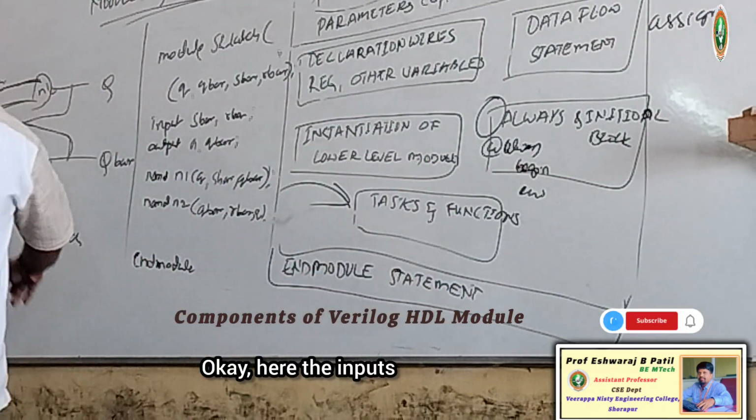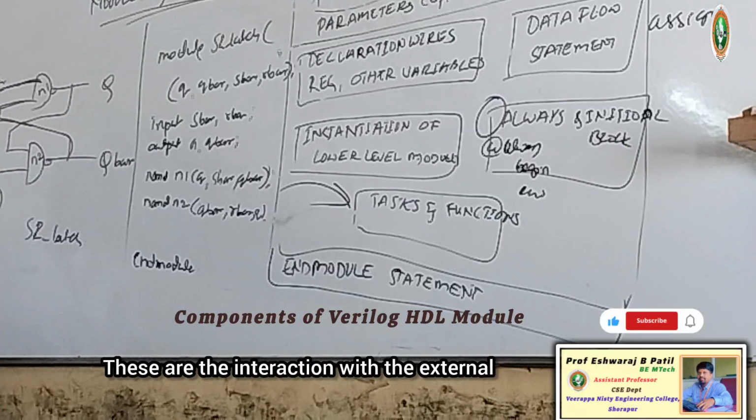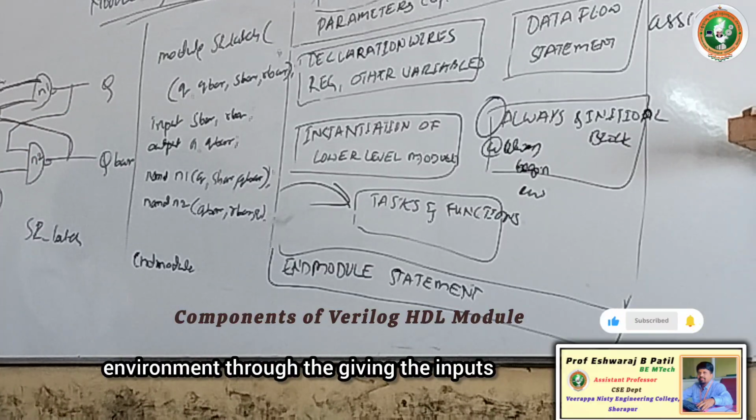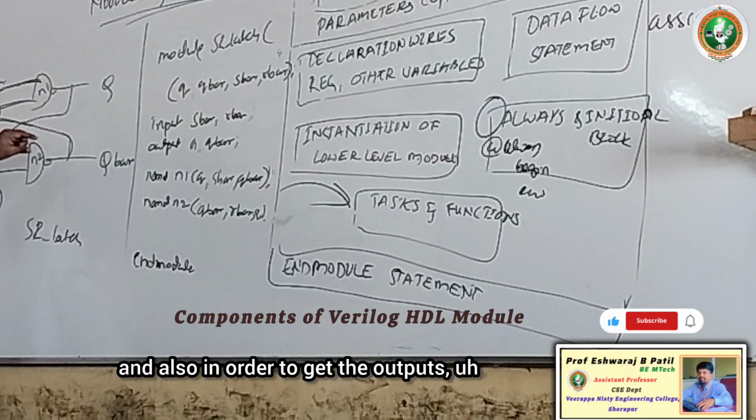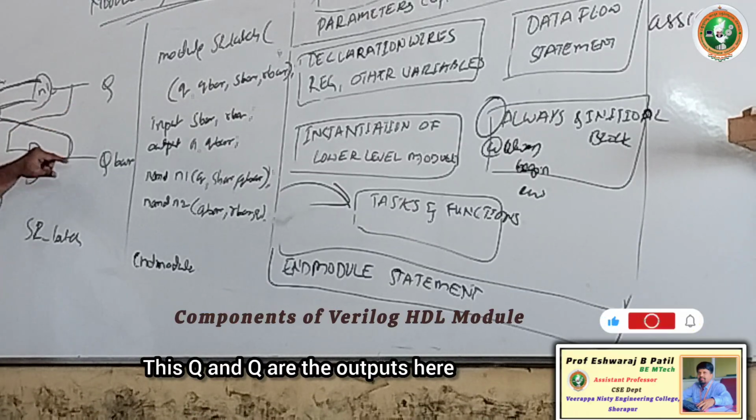Here the inputs and the outputs are the ports. These are the interaction with the external environment through giving the inputs, and in order to get the outputs through the output ports also. These Q and Q bar are the outputs here.